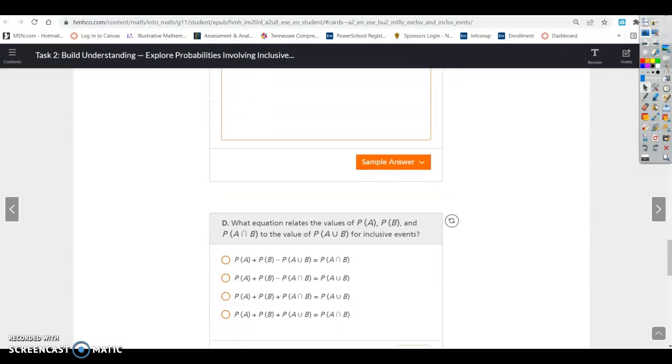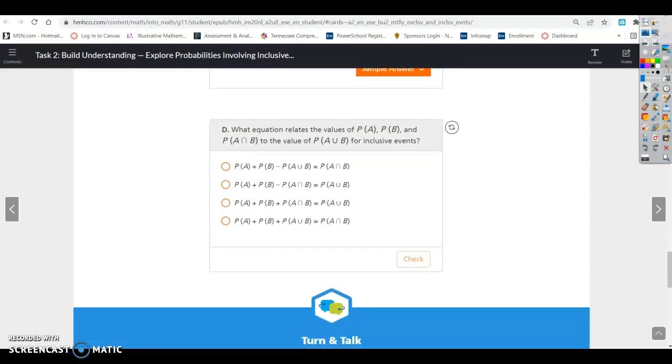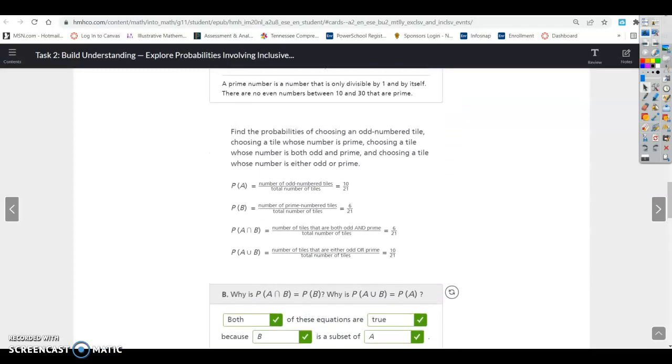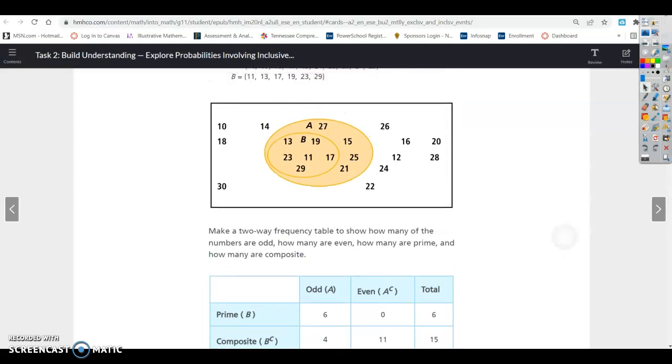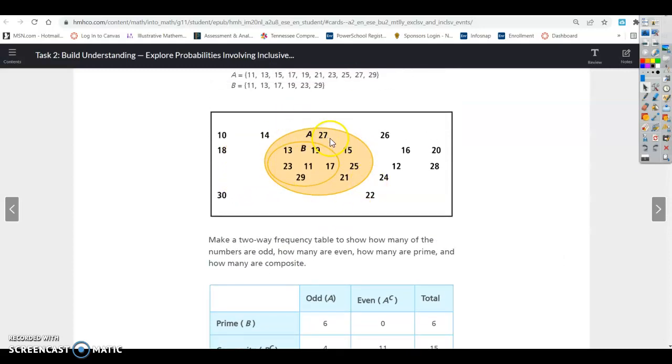So let's see which equation would be best for that. So they all start with probability of A and probability of B. Now, are we going to subtract or add that part to it? So again, we have all of A, and all of A includes B, and then we're going to add a probability of B, and then what do we have to take out?